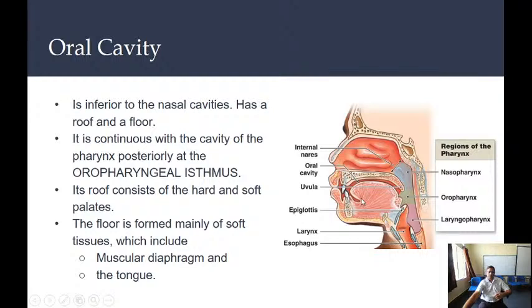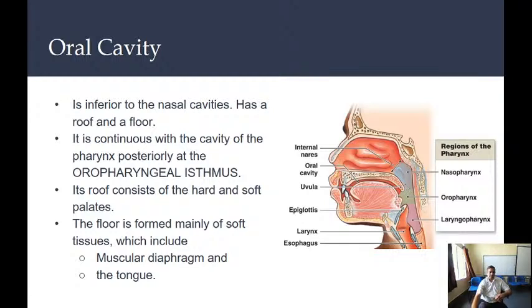Anteriorly, the oral cavity starts from the oral fissure, which is formed between the upper lip and the lower lip. The posterior boundary, as we said, is the palatoglossus muscle, which extends from the palate to the tongue. Anteriorly, it joins the tongue at the junction of the anterior 2/3 and the posterior 1/3 of the tongue.